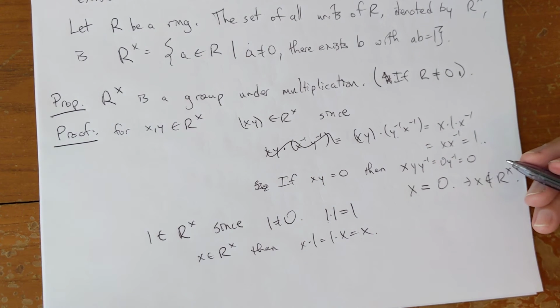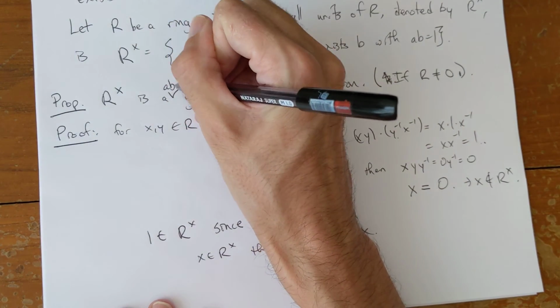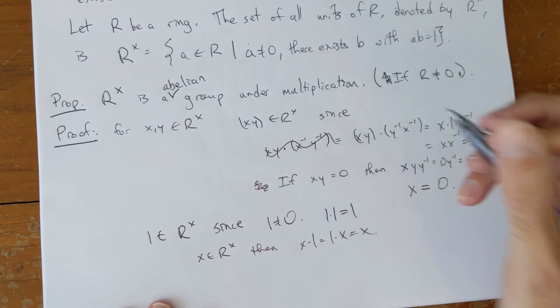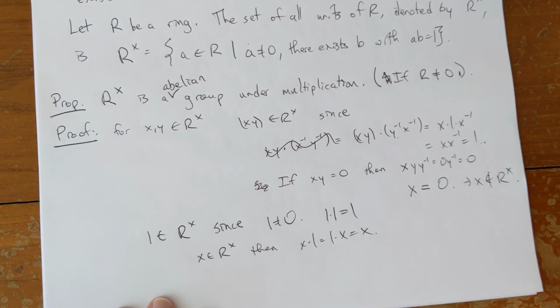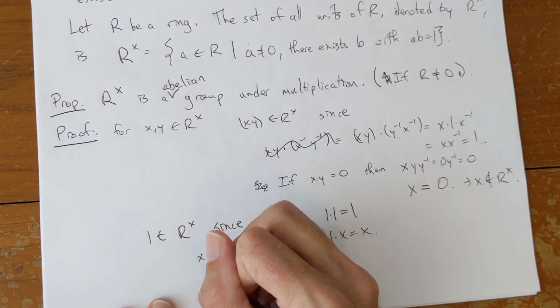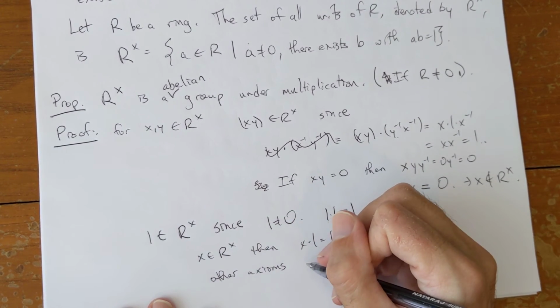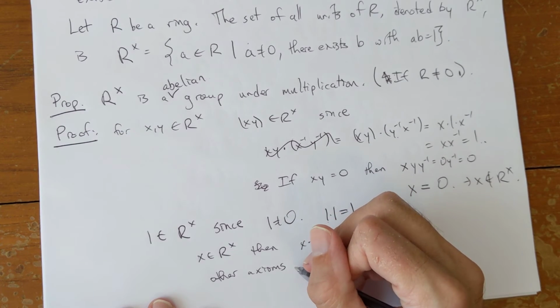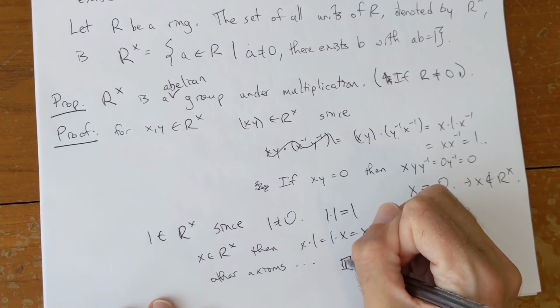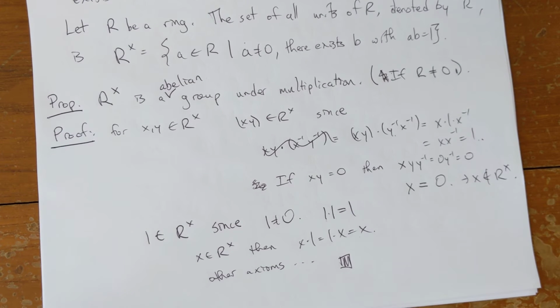And actually you get an abelian group because we have a commutative ring. So whenever I have a ring, I look at all the invertible elements and I get a group.